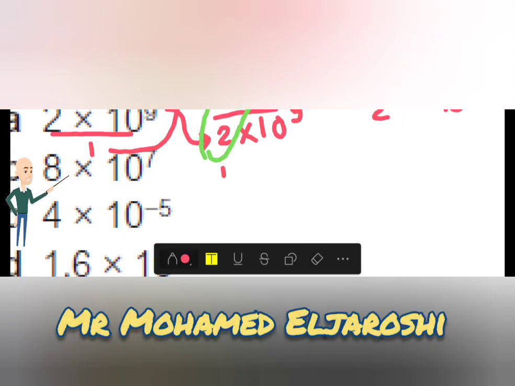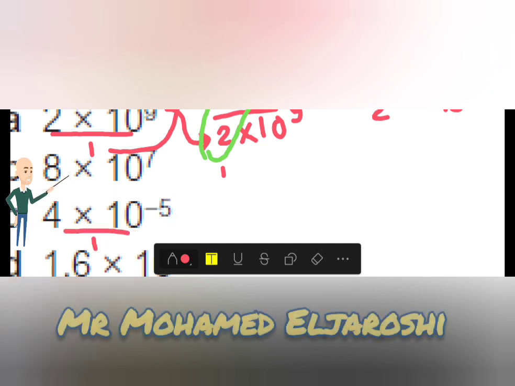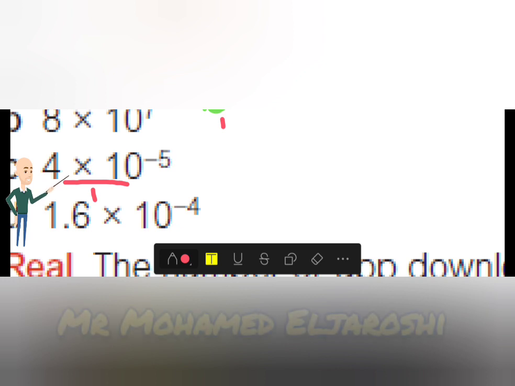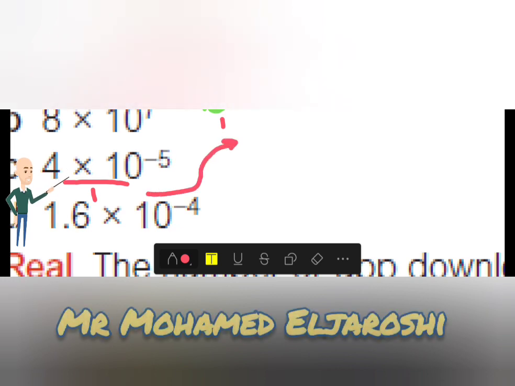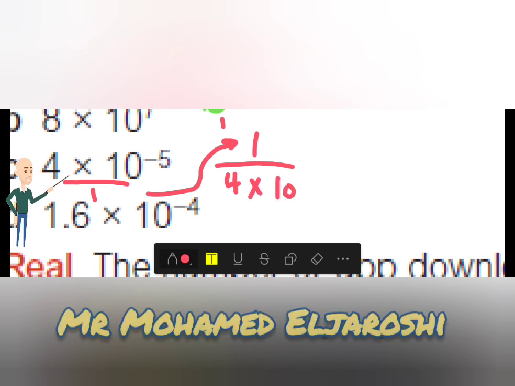In question C, I have 4 multiplied by 10 power of negative 5. Same idea. I'm going to say it's over 1, and then I'm going to find the reciprocal by putting 1 on top, and 4 times 10 power of negative 5 in the bottom.